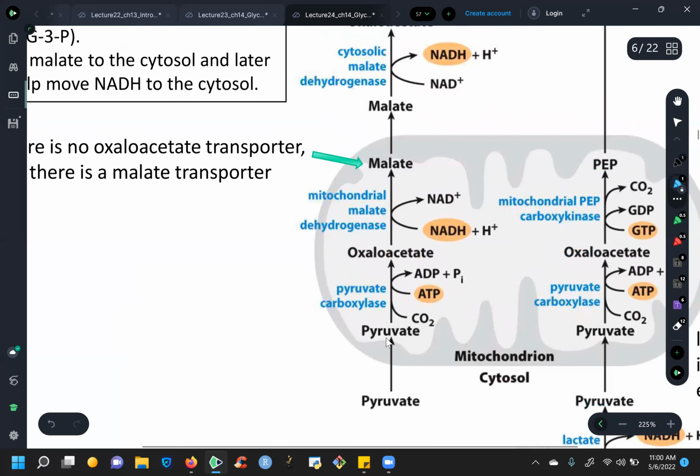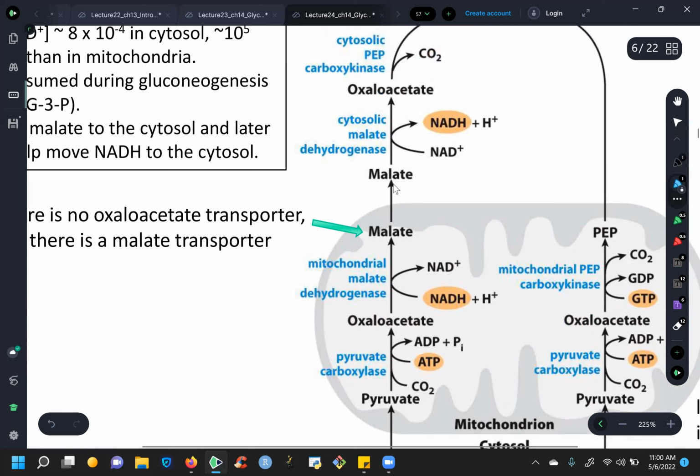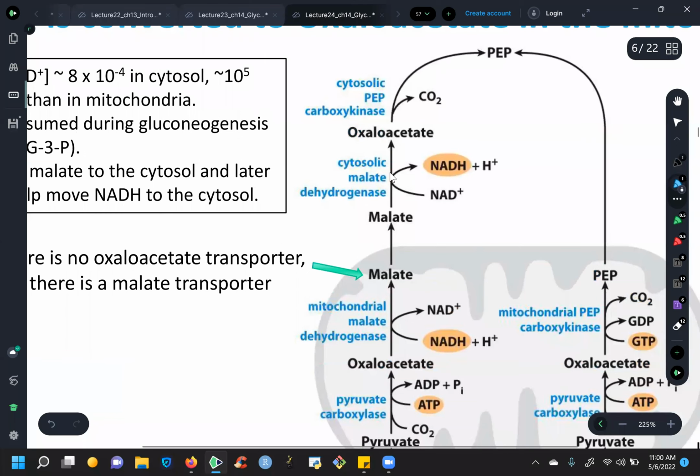So pyruvate in the cytosol goes to pyruvate in the mitochondria and turns into oxaloacetate. That turns into malate. And then the malate, we do have a transporter protein, so malate can be transported into the cytosol. Here in the cytosol, we use NAD plus and we turn it into NADH. So finally in the cytosol, we're making an NADH. We're using cytosolic malate dehydrogenase.